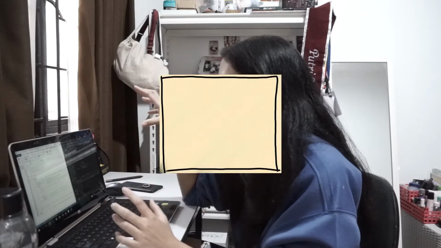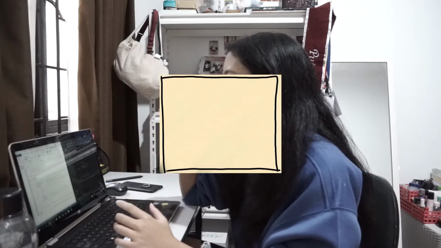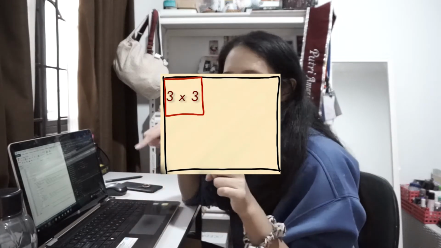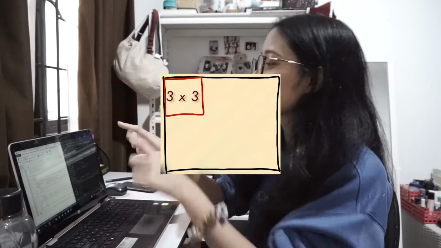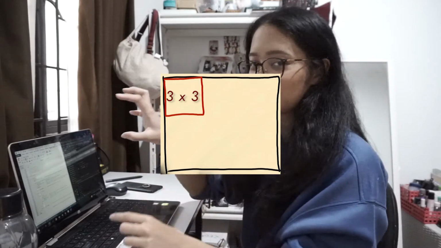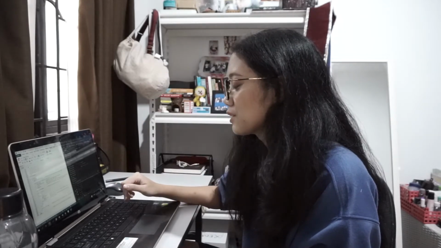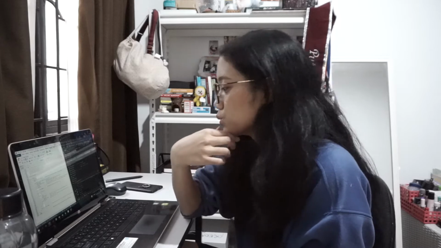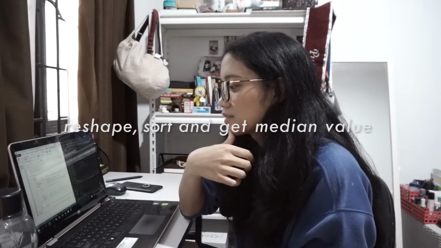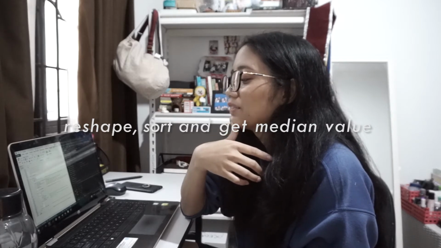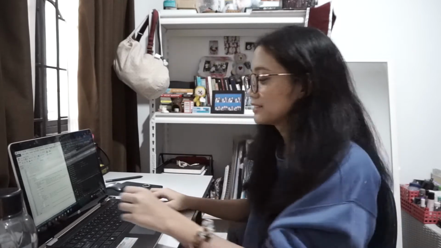What I'm trying to do is cut this matrix into tiny matrices of 3 times 3 dimension, and I want that box to shift to the right. Now the next step is to reshape the matrix, sort it, and get the median value of it. Let's try.